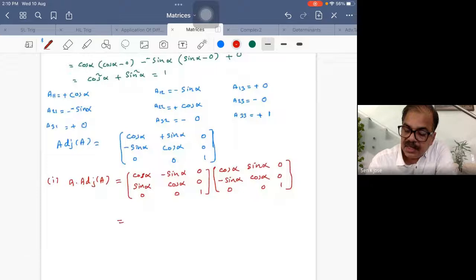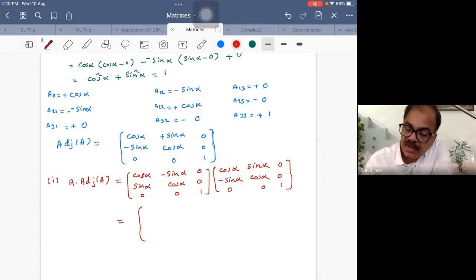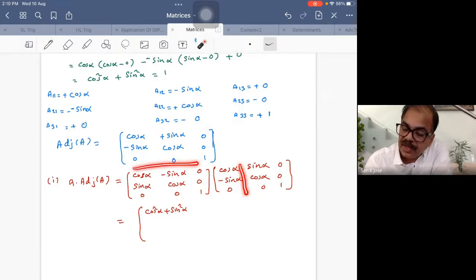Let's multiply this, and when you multiply, you multiply row with the column. The first row goes with the first column. Let's see what it gives. Cos alpha into cos alpha is cos square alpha, minus into minus is plus sine square alpha, so cos square alpha plus sine square alpha. First row with the second column: cos alpha into sine alpha plus minus sine alpha into cos alpha.